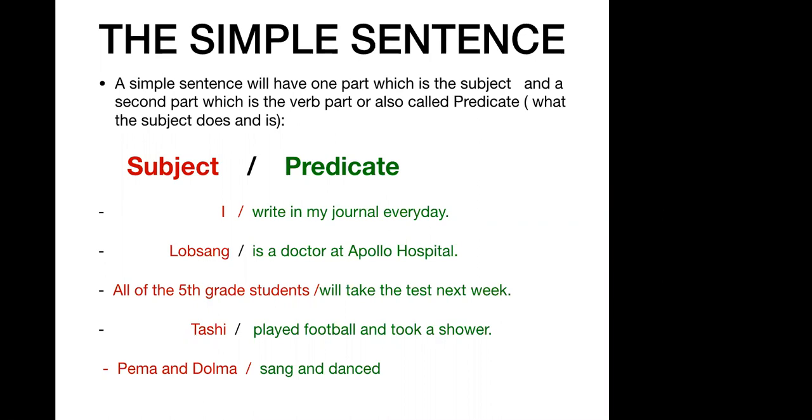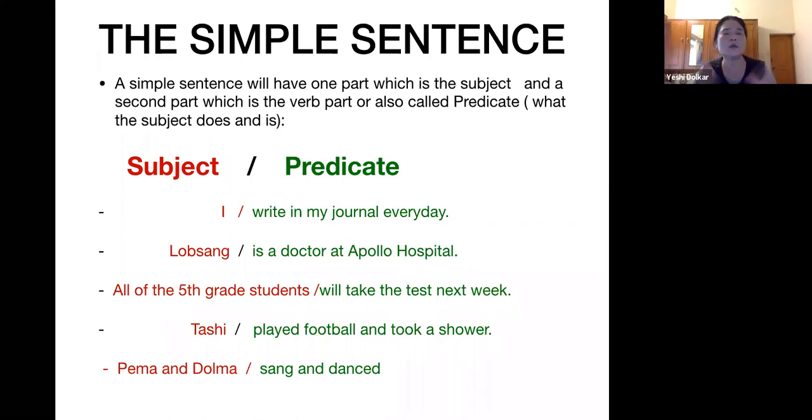A simple sentence has a subject and a predicate. Do you understand what predicate means? Predicate is the part of a sentence with the verb and all the rest of the words. That's called the predicate, and it tells us about the subject, what the subject does or what the subject is.